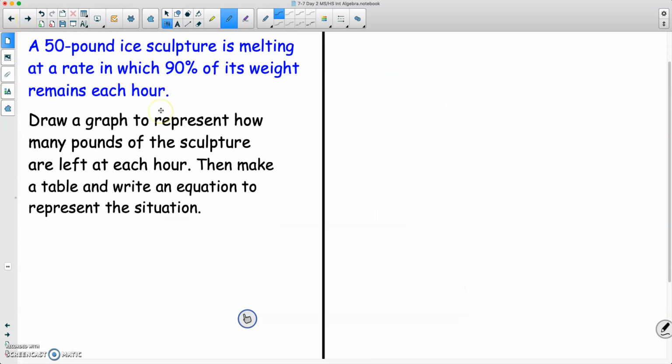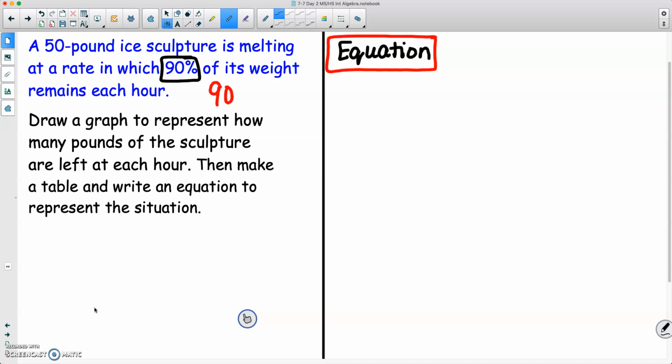The last problem is talking about a 50-pound ice sculpture that is melting at a rate in which 90% of its weight remains each hour. So this is very similar to the last problem. So I'll start with an equation. So 90% is remaining. So 90% as a decimal is 0.9, because you move your decimal point 2 places.